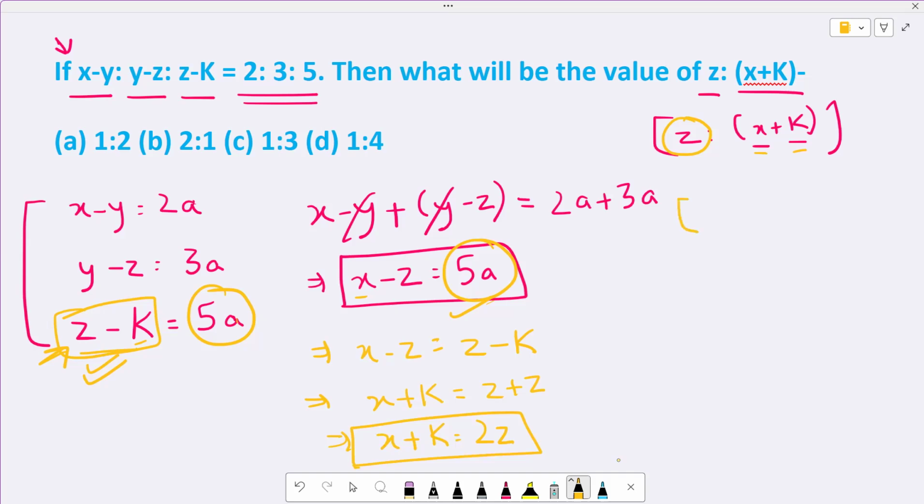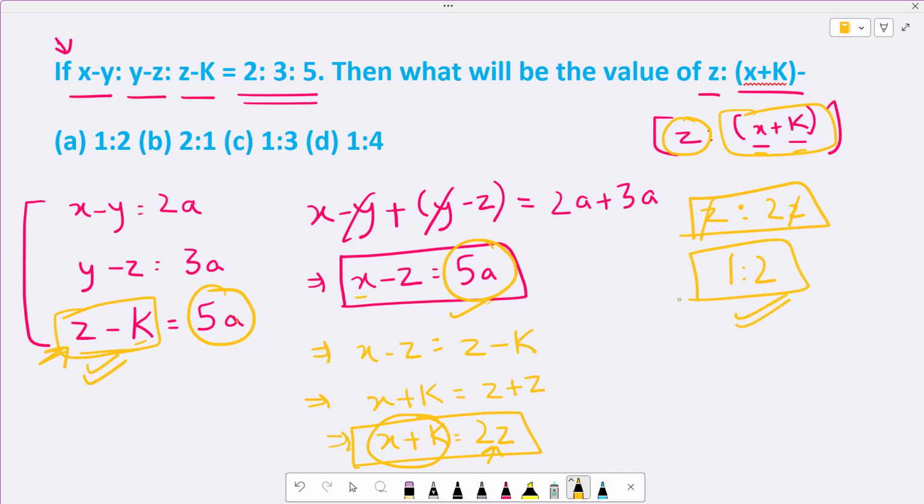Now here we can write z, we can just copy it, then ratio x plus k. Now x plus k is equal to 2z. So instead of writing this, I can write 2z. Why did I write this? So that I can cancel these two, right? Variables will get cancelled and very easily I'll get 1 ratio 2. That is the given answer.